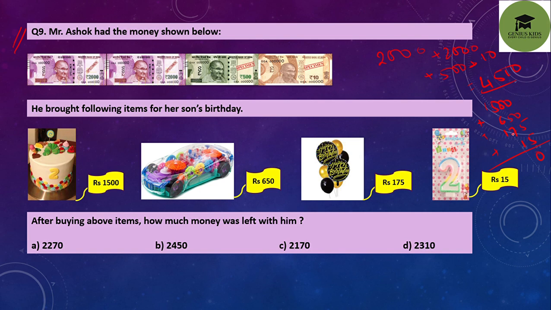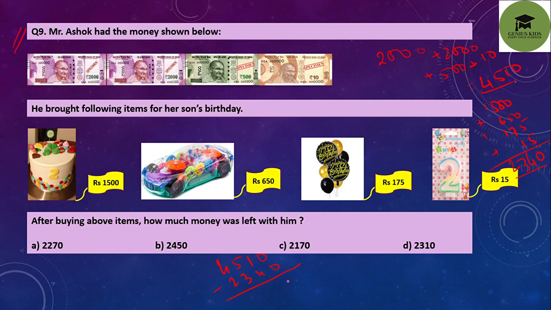It is 2340. So he bought these four items with rupees 2340. So how much money is left after this? Initially he has 4510 rupees. He bought items for 2340 rupees.